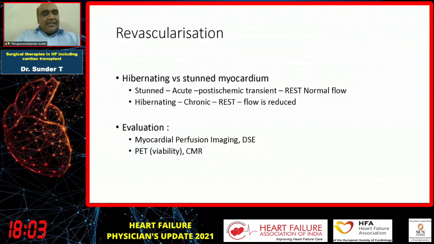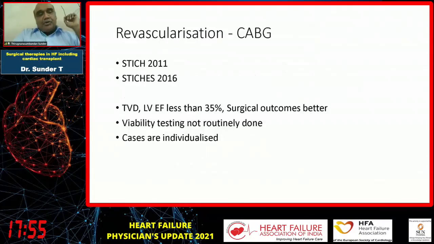There's a differentiation between hibernating and stunned myocardium, and we have techniques such as PET, MR, and dobutamine stress echo to differentiate the two. For revascularization with CABG, there are two big landmark trials, the STICH trial in 2011 and the extended STICH trial in 2016.